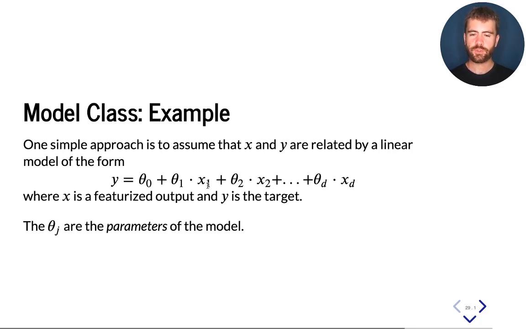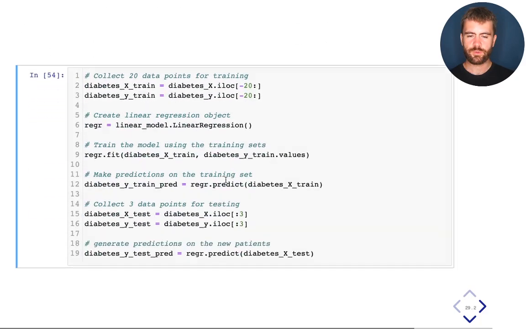Here, our input x has d different dimensions, has d features, and our model assumes that the output target y, such as the diabetes risk, is a linear combination of the input features, which are each weighted by a term theta, which assigns a quantitative measure of the importance of this term. So this is a class of linear models over multiple variables.